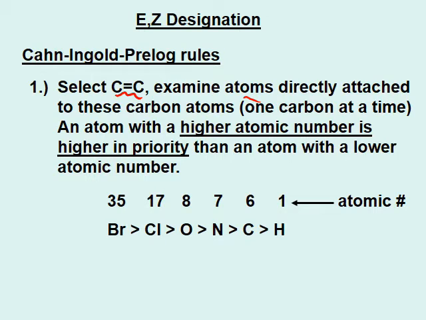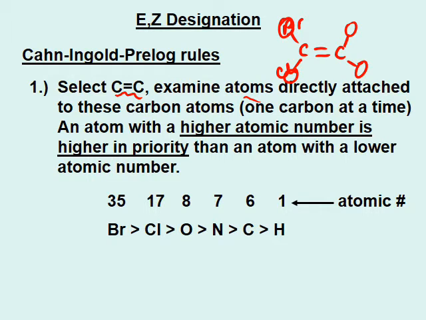So for example, if this is the double bond, you need to look at what is bonded here, here, here, and here. An atom with a higher atomic number gets higher priority than an atom with a lower atomic number. So for example, if I have Br in here, and at the bottom I have Cl.